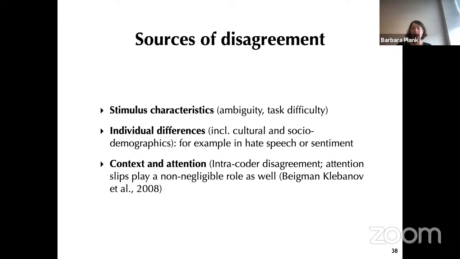What is ground truth in hate speech, for example? Then another dimension factors in, and that's the context and the attention of the annotator. We can also see that if we do annotation over time, sometimes we even don't agree with ourselves, or there are attention slips that come into play.